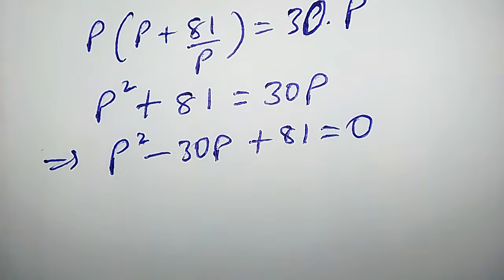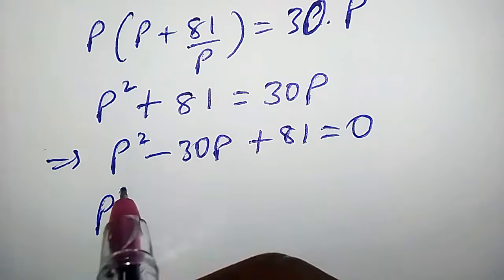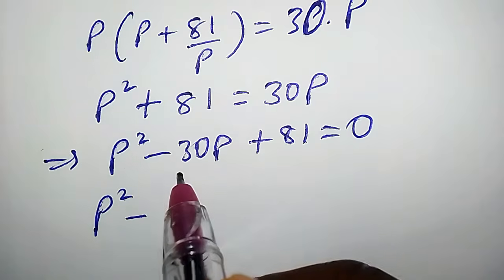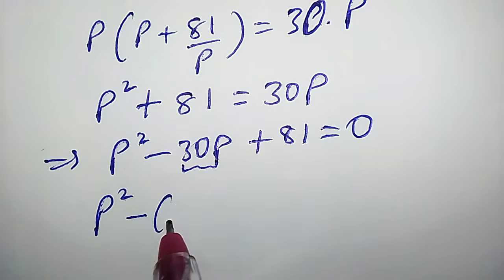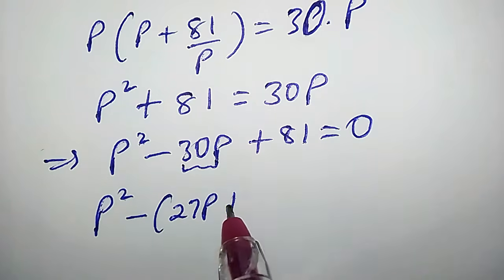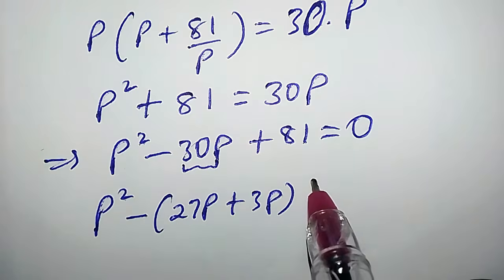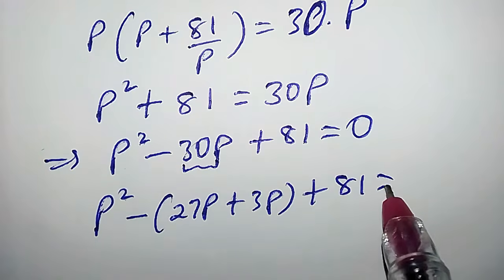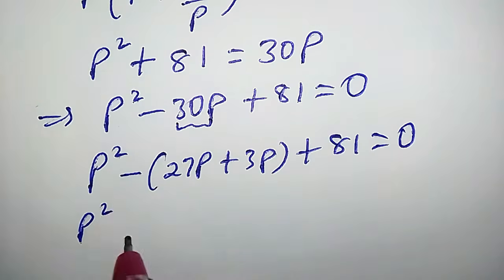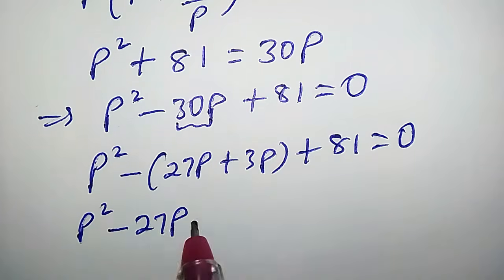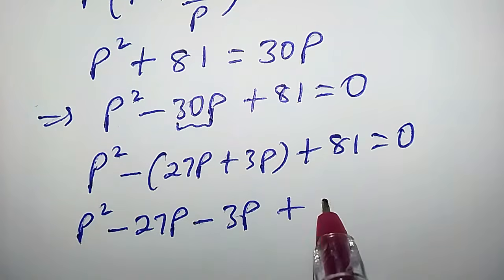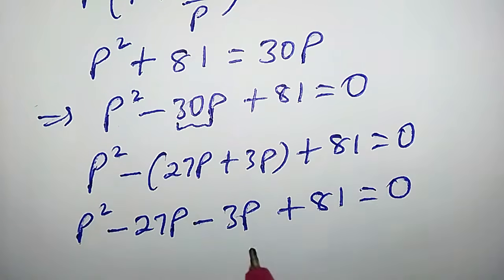You will see that this quadratic equation, we can factorize it. We are going to have p square minus 30p could be written as 27p plus 3p plus 81 equal to 0. p square minus 27p, minus 3p plus 81 equal to 0.